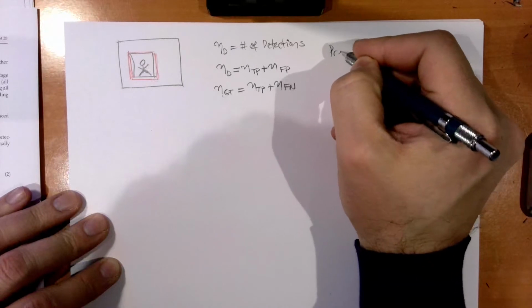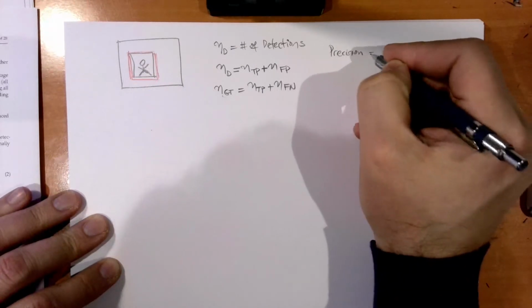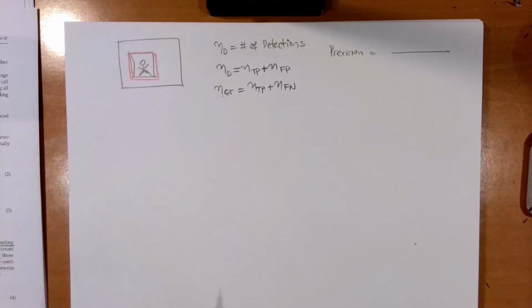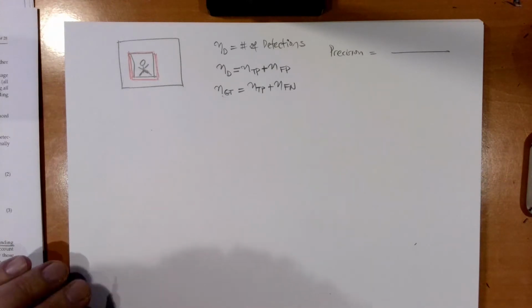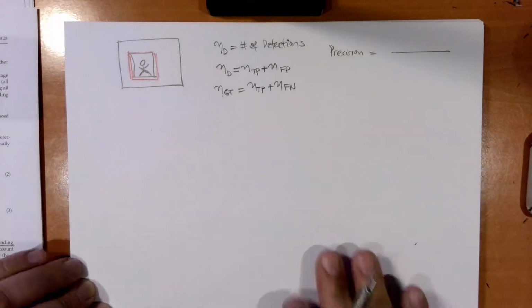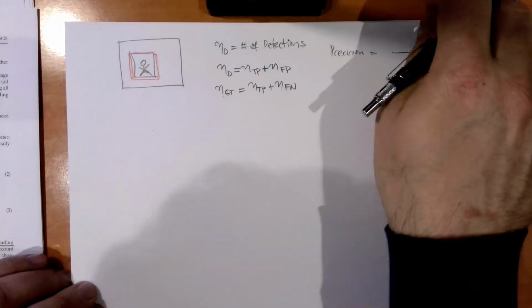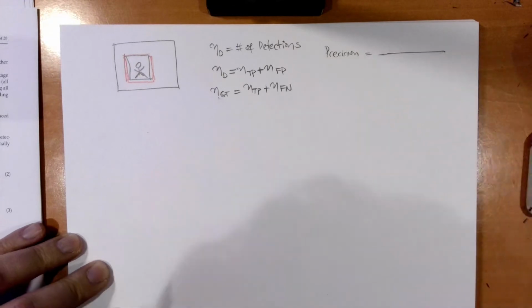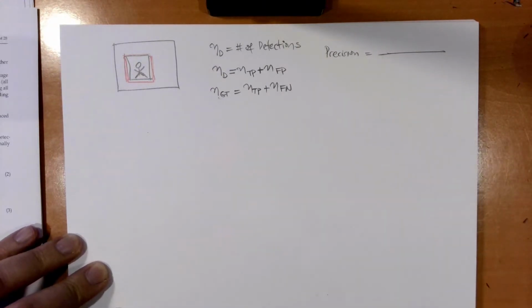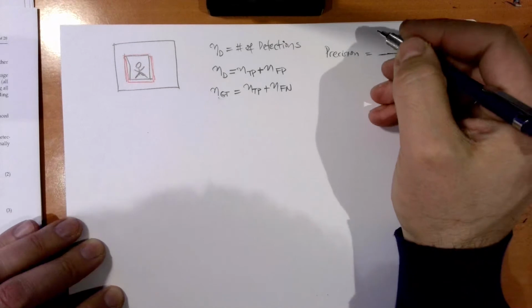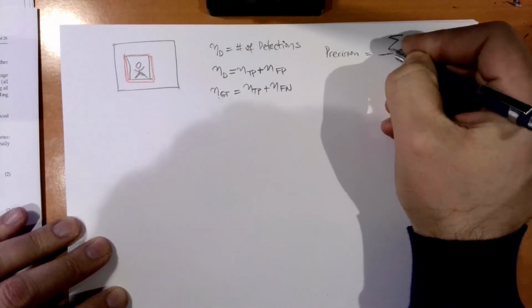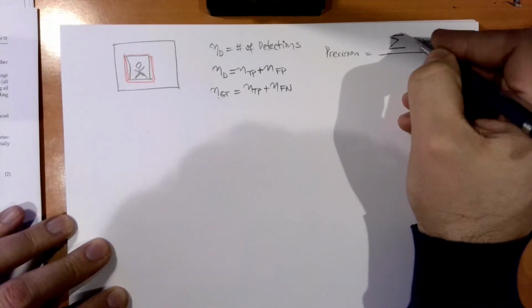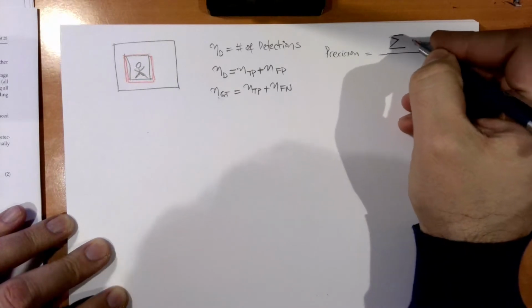So the precision is, and as a reminder, the precision was definitely something that is associated with the true positives divided by true positives plus false positives. But over here, we have to write down this equation with the specific counts that we have, because at the end of the day, we're trying to find a computational technique in order to calculate this kind of metric. So let's write down. It is basically a summation of all the true positive events, and for the true positives, I use the index i.